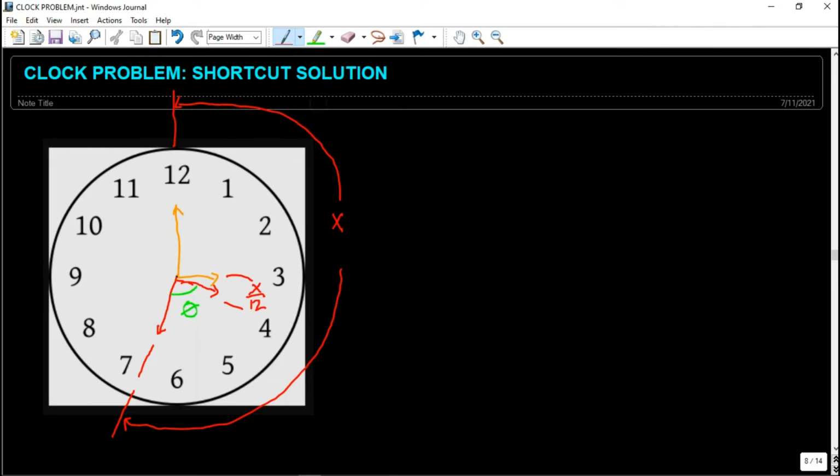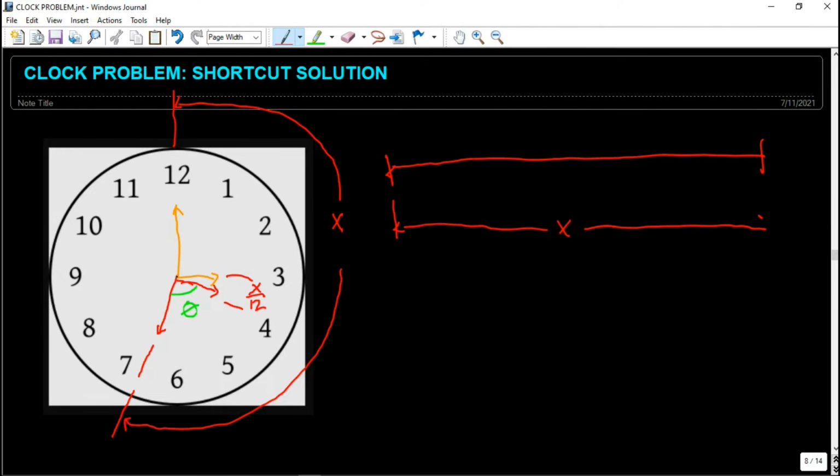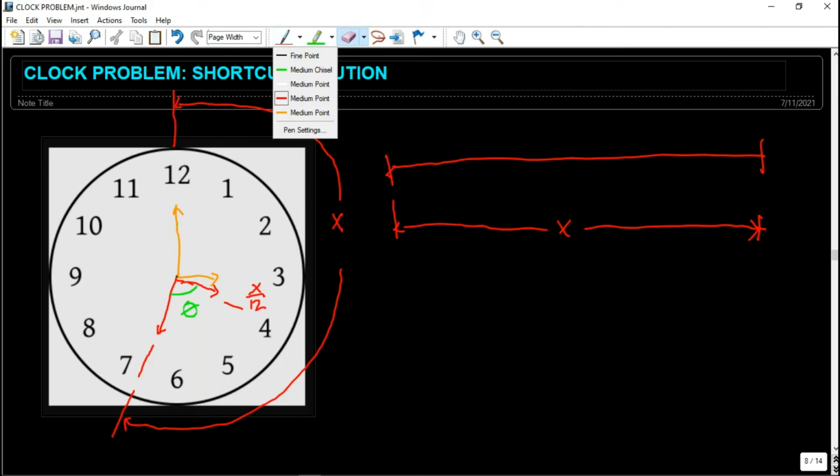Okay? Etong arc na to, gawin natin siyang straight line para mas maintindihan natin. Okay? Ayan. So, this whole length here is x minutes spaces. Ayan. Now, x is equal to, okay, so ito, this is from here.